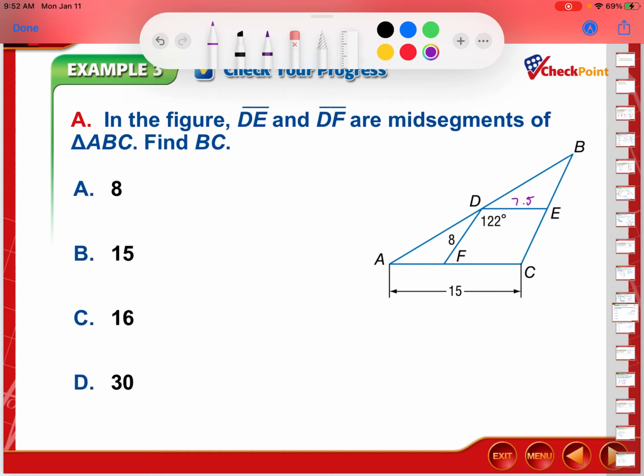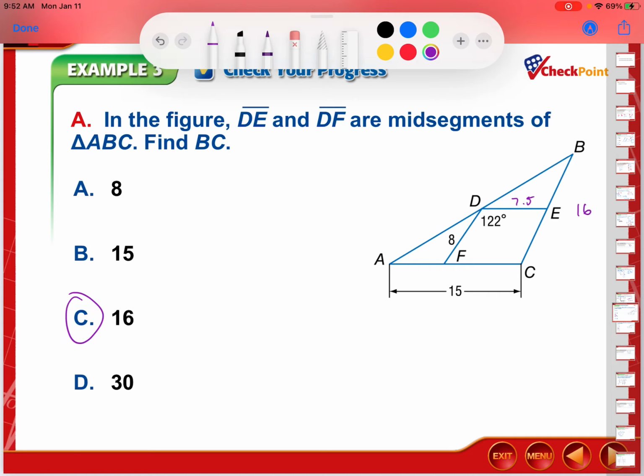And then DF is a mid-segment, which means this is going to be 16. And they want us to find the side length of BC. Oh, we just did that. Lovely. Okay, cool.